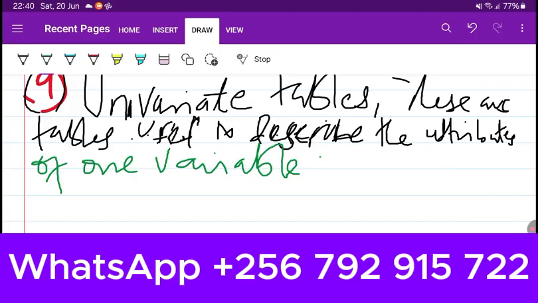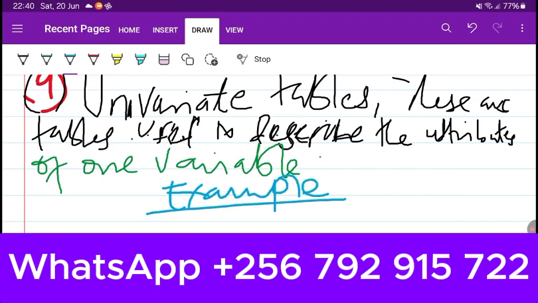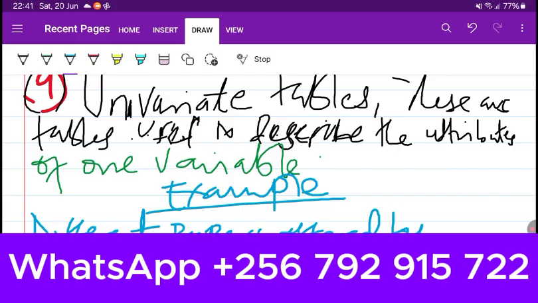So what could be an example? We can look at the different papers offered by the Institute of Certified Public Accountants of Uganda, ICPAU.